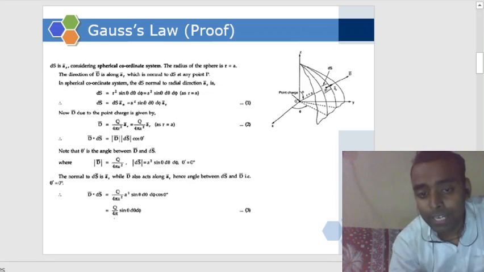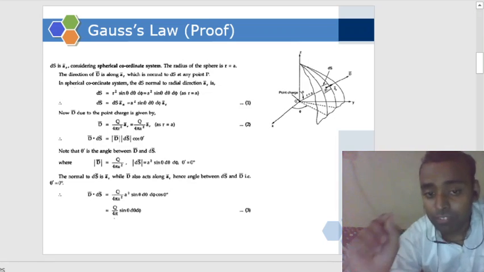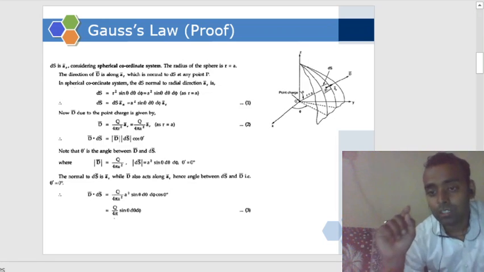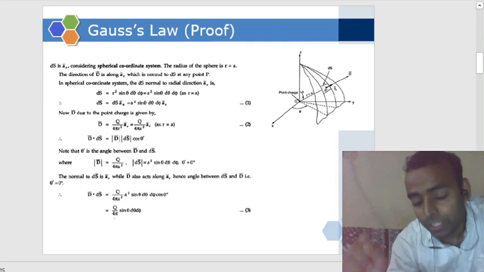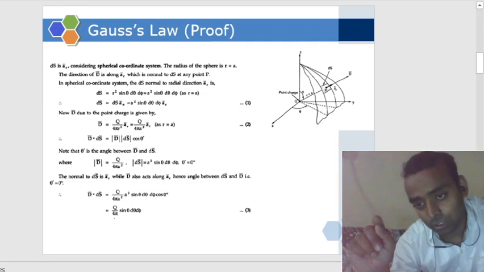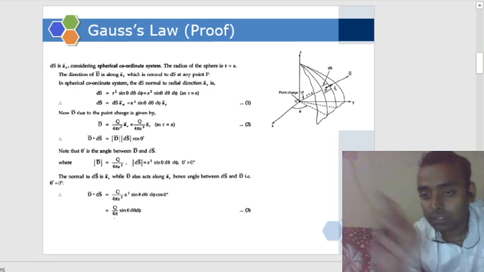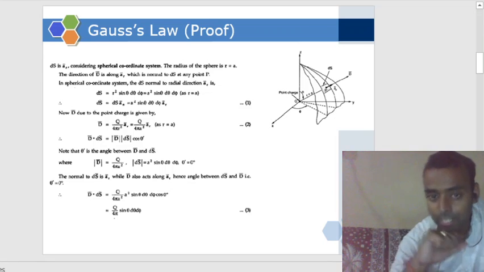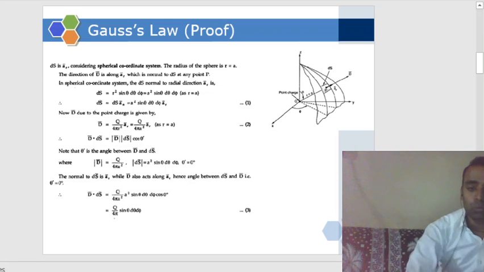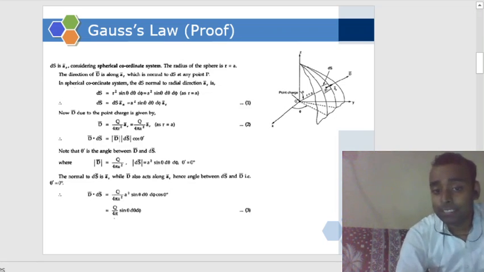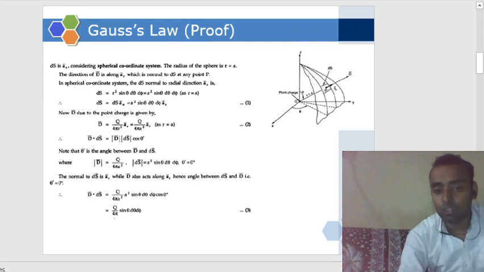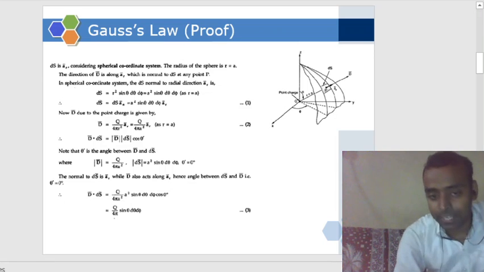So we take the differential surface area with unit vector pointing along a_r, which from the spherical coordinate system is equal to r square sine theta d theta d phi.